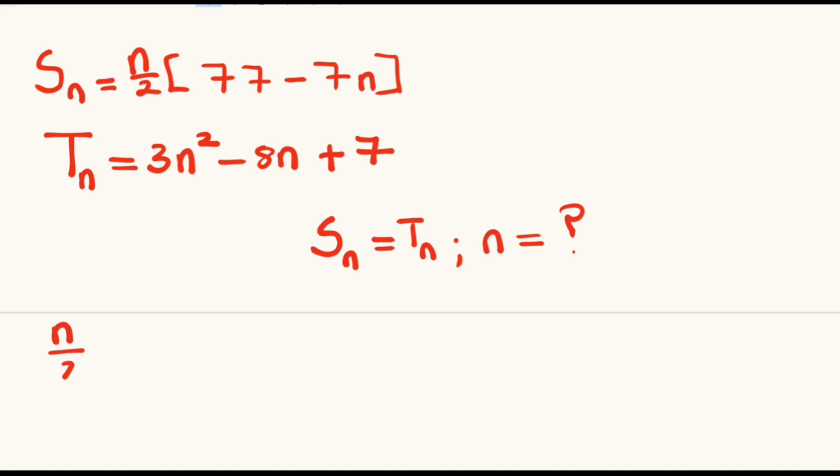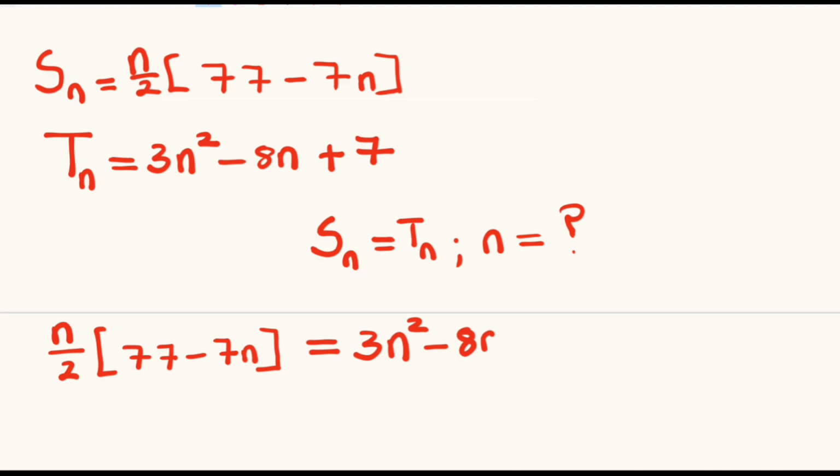So we have n divided by 2 into 77 minus 7n. We equate this to Tn, which is equal to 3n squared minus 8n plus 7.